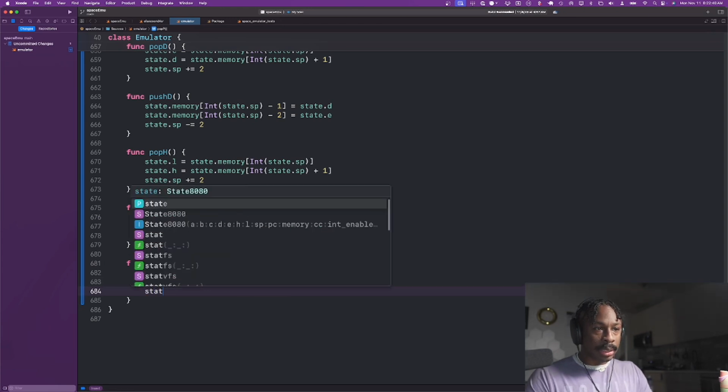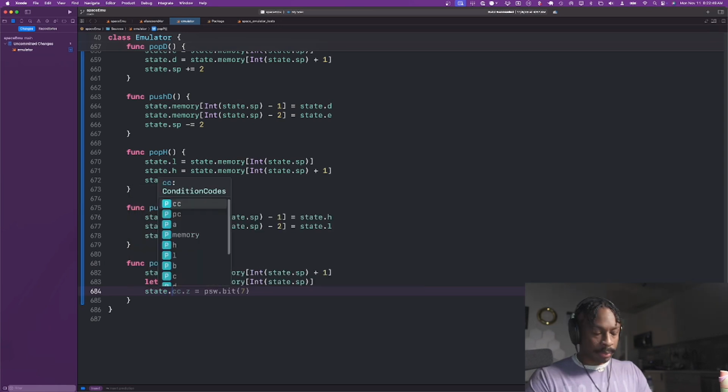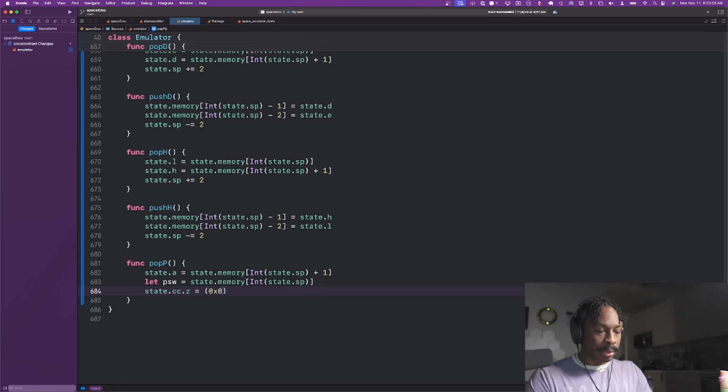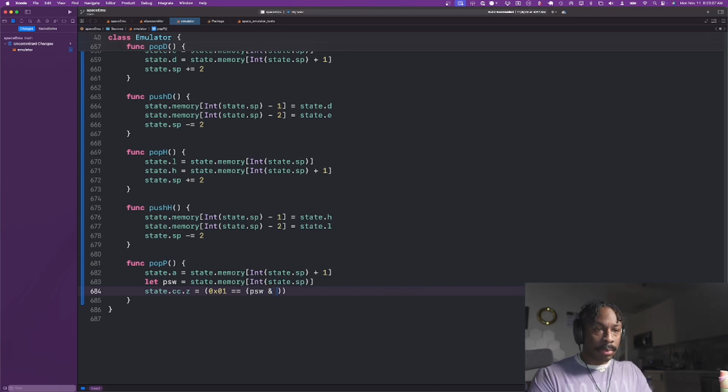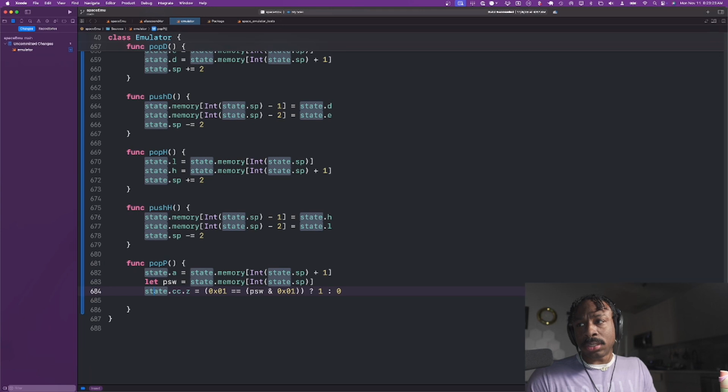And then we're gonna say, let's see, the zero flag is equal to 1 if PSW ANDed with 0x01. And because this is not a Boolean, we have to use the ternary operator to check if it's true or false.